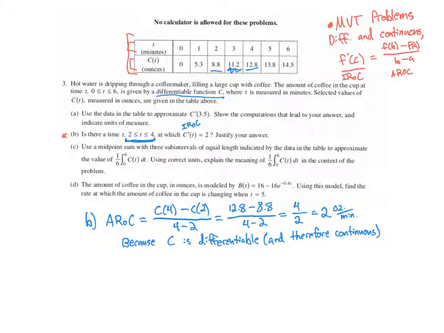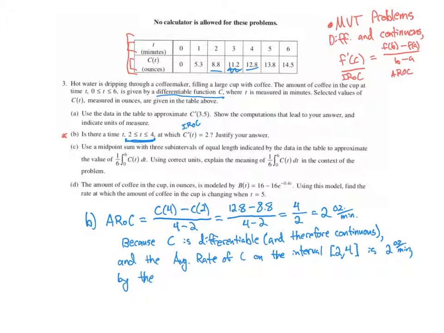So because C is differentiable and continuous, and the average rate of change of C on the interval 2 to 4 is 2 ounces per minute, we say by the mean value theorem, C prime of t must equal 2 at some point in the interval 2 to 4.